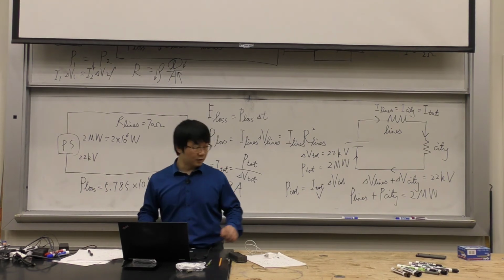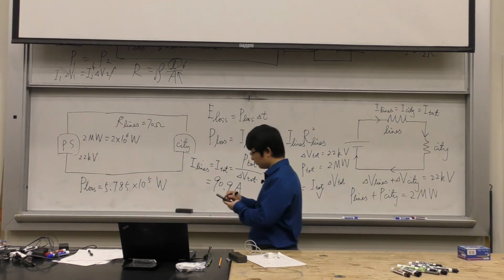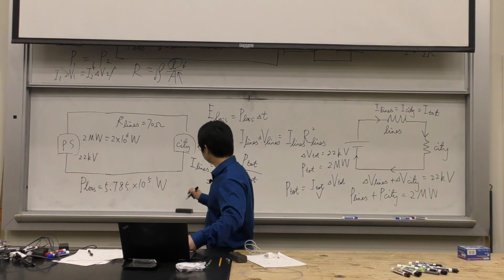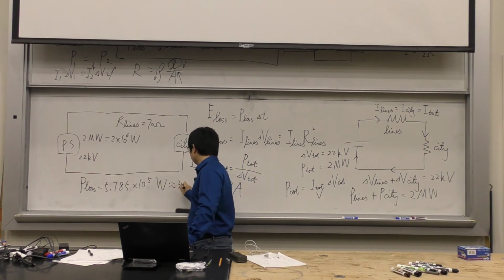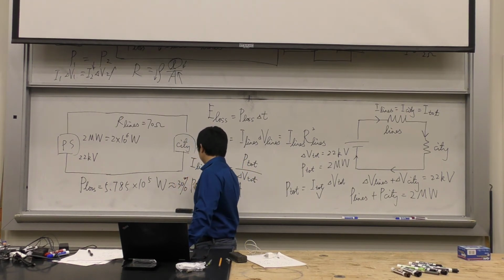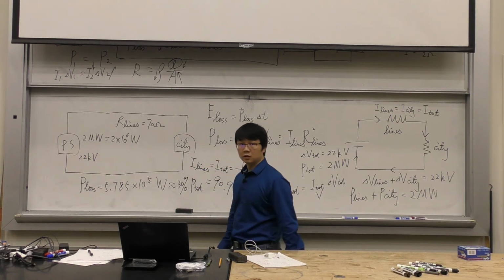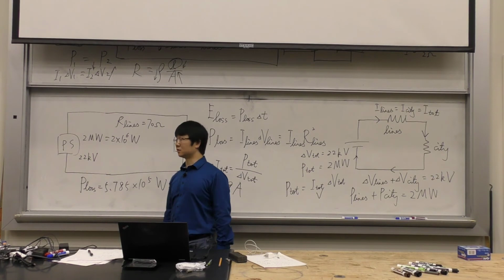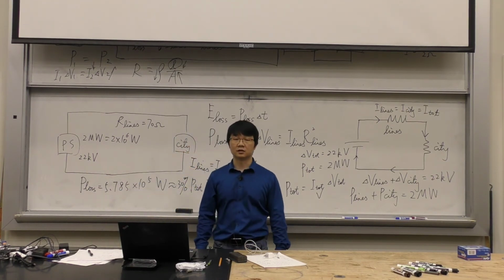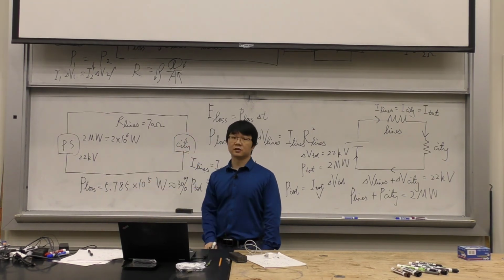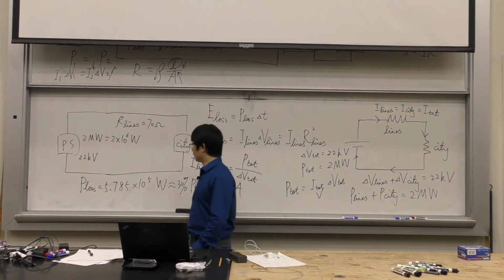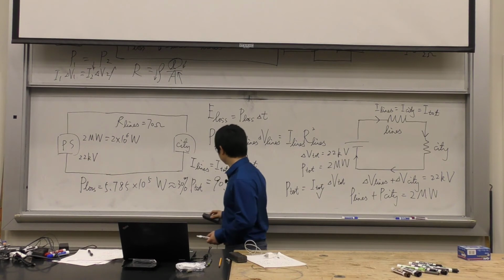So this divided by P total is almost 30%. 30% of the power has been lost on this transmission line. The city only gets 70% of the power from the power station. You really lose a lot of power on these transmission lines, right?